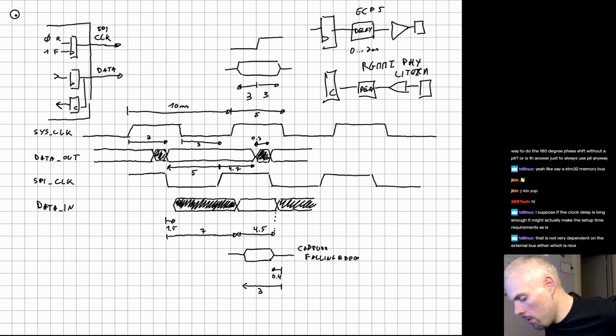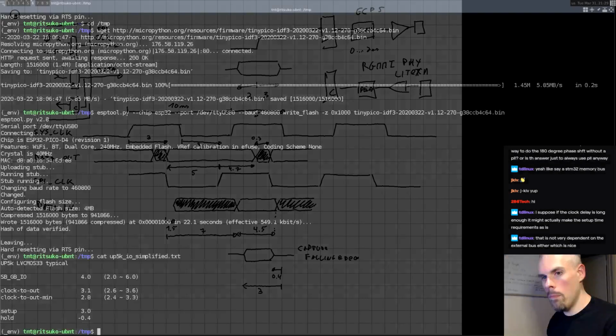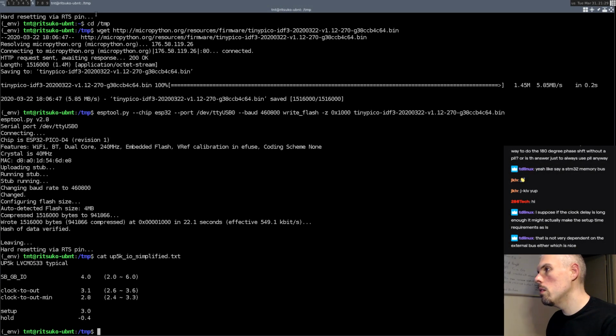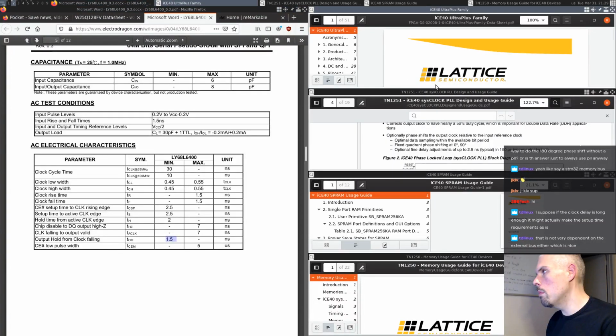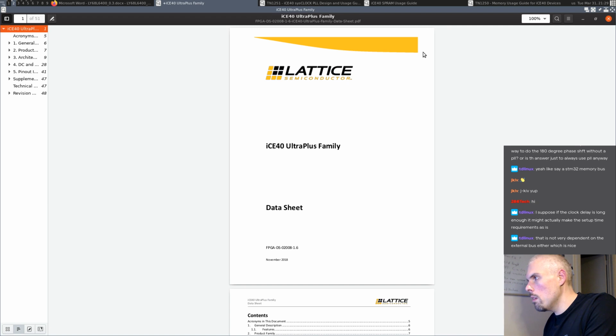And finally, the final option, if you don't have IO delays and you can't shift your output clock timing, is to use a different clock for capturing data. If we go back to the IO diagram from Lattice, so that's this one, I think.